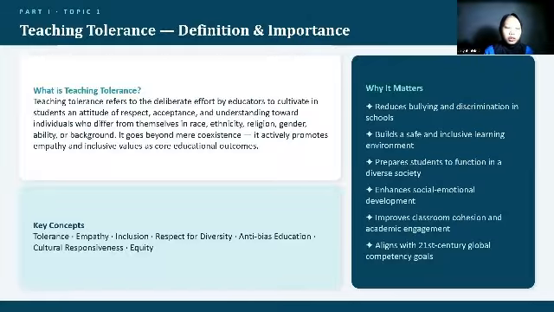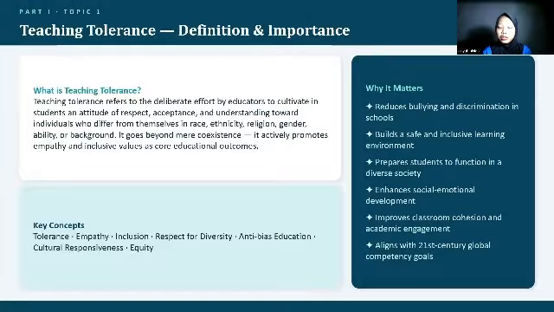Key concepts: tolerance, empathy, inclusion, respect for diversity, anti-bias education, cultural responsiveness, equity. Why it matters? First, reduces bullying and discrimination in school. Second, builds a safe and inclusive learning environment.